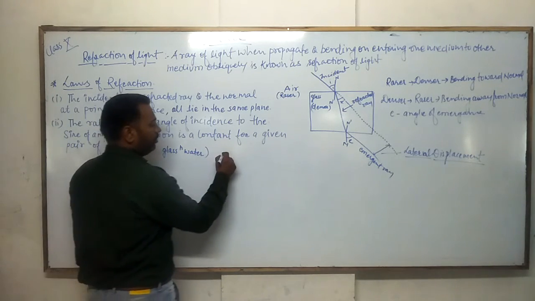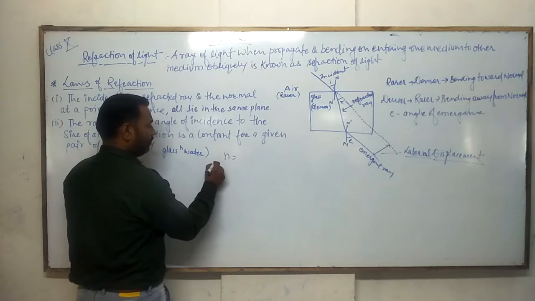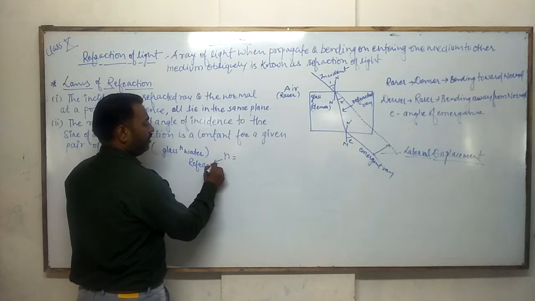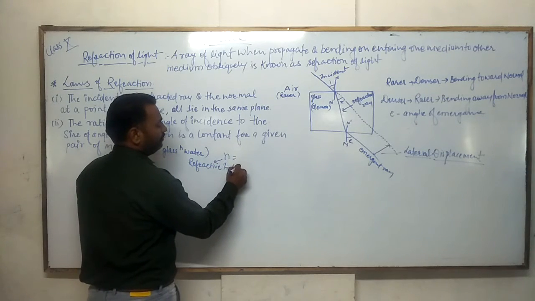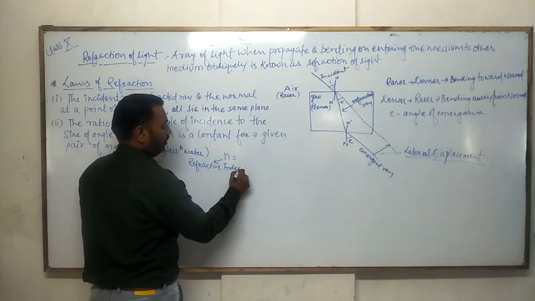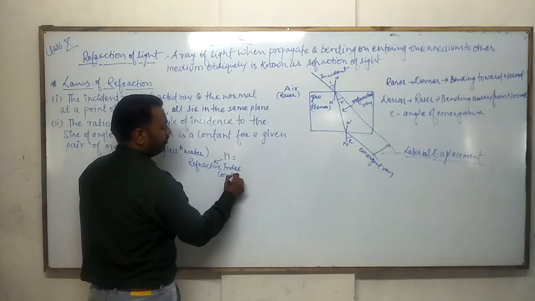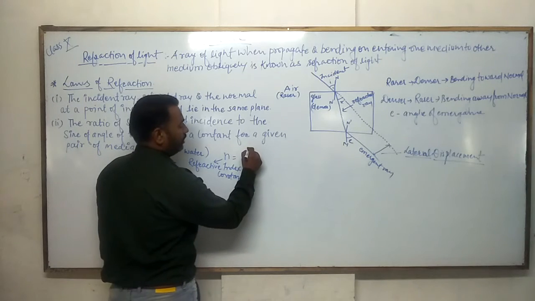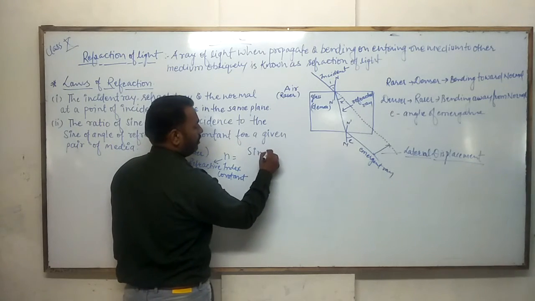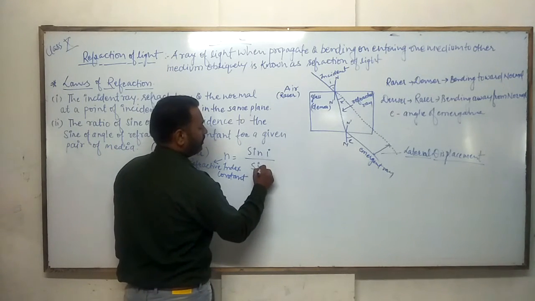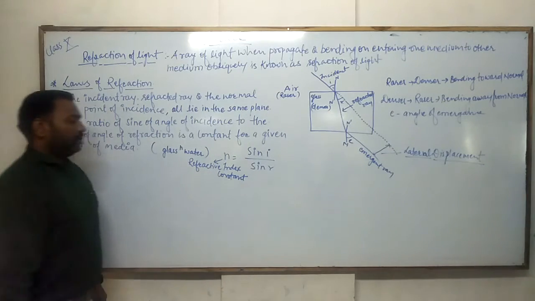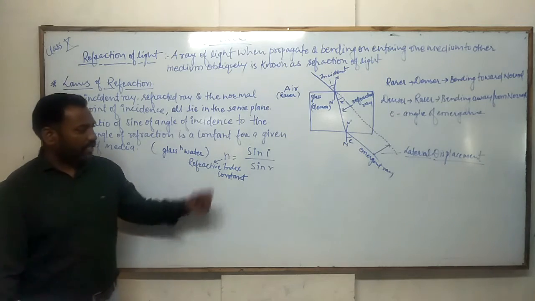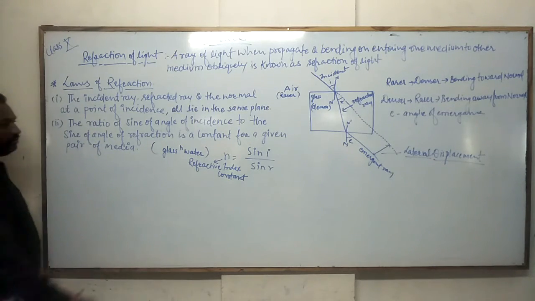And that constant is the refractive index, sin i upon sin r. It means n is equal to sin i upon sin r.